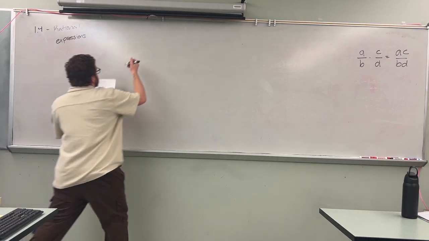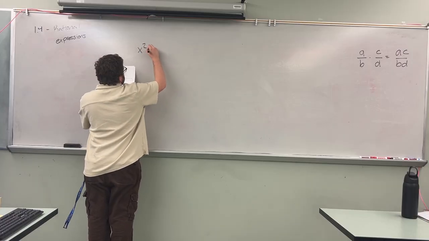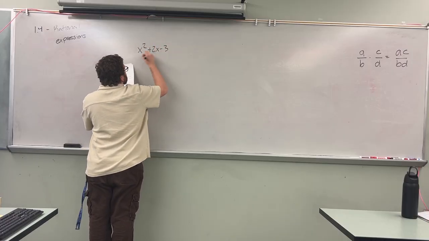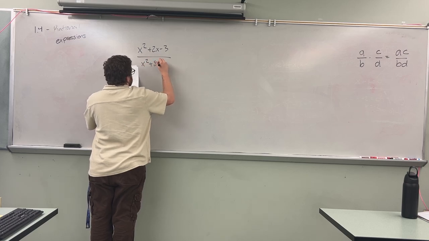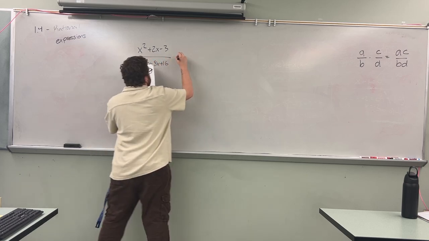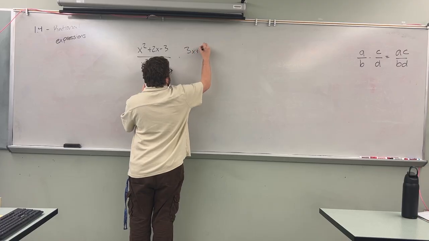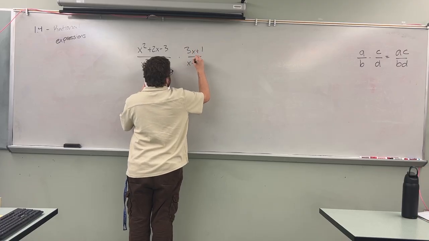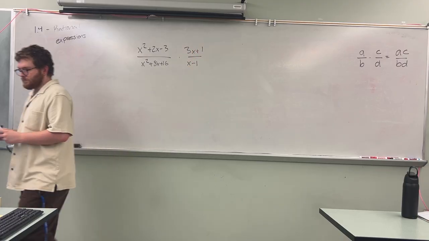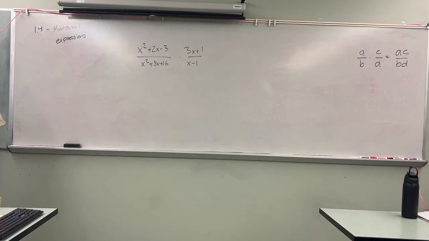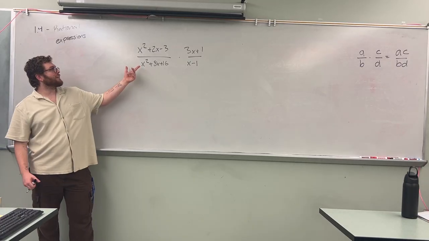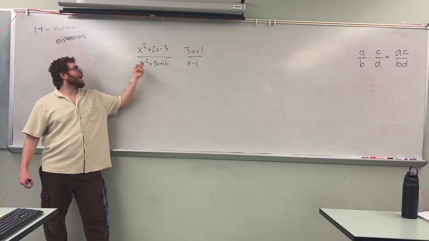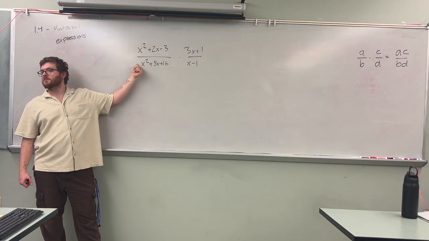So we'll let our example be x squared plus 2x minus 3 over x squared plus 8x plus 16 times 3x plus 12 over x minus 1. Now before I do anything here, I want to factor the top and the bottom to simplify things.